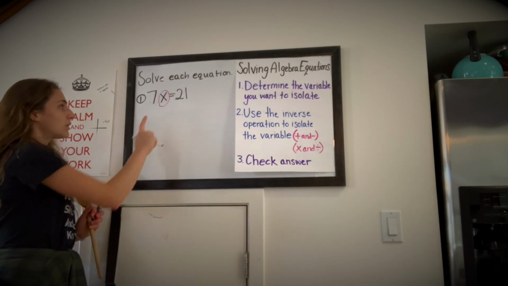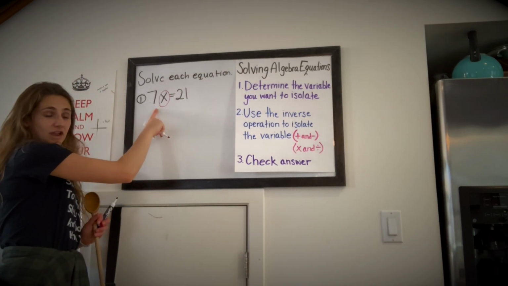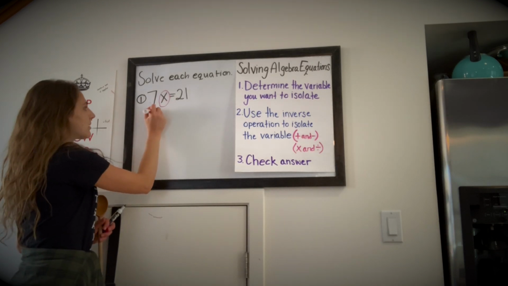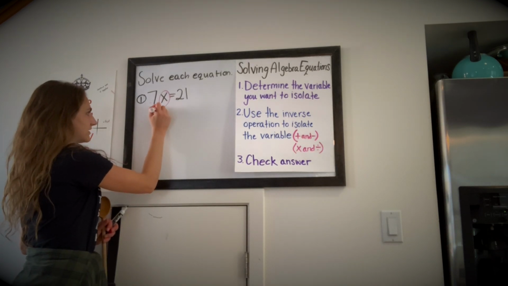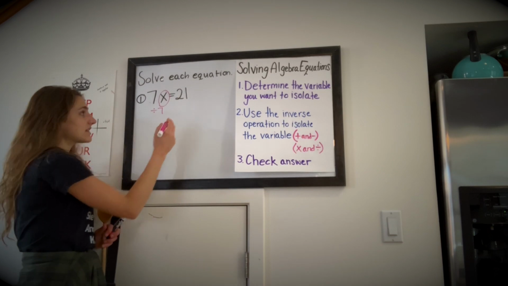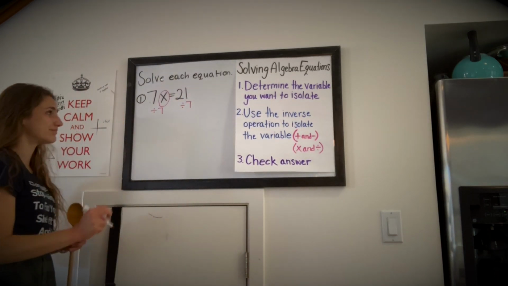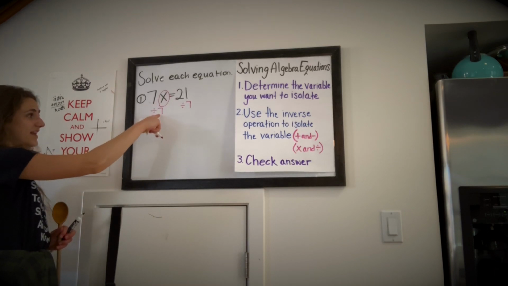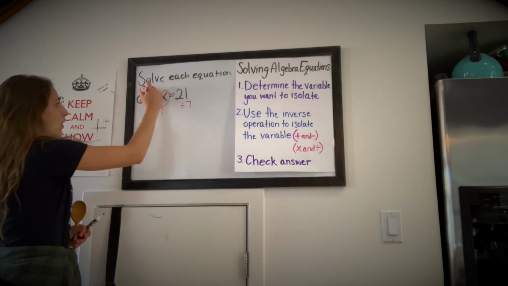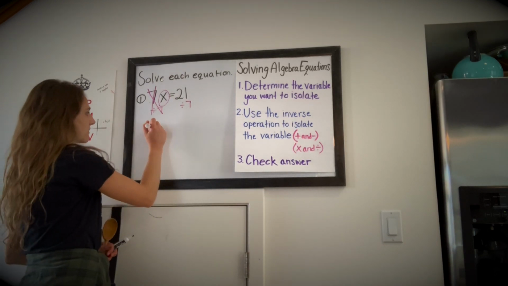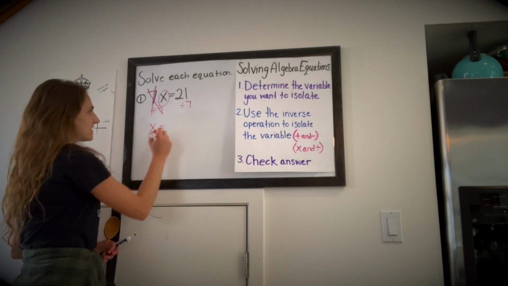Okay. So the inverse operation of multiplication is division. So instead of multiplying x by 7, I'm going to divide by 7. And whatever I do to the left side, I also do to the right side. Well, multiplying by 7 and then dividing by 7 would leave us just with x. That's what we talked about before we solved this problem. So I'm left with just x on the left side.